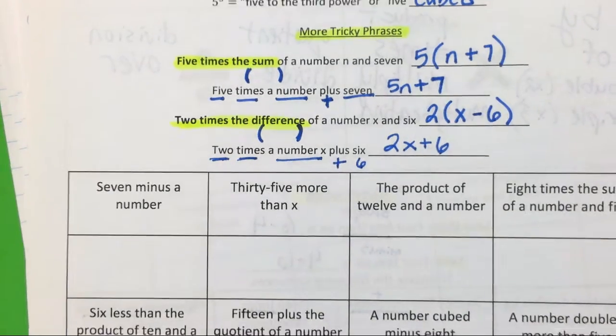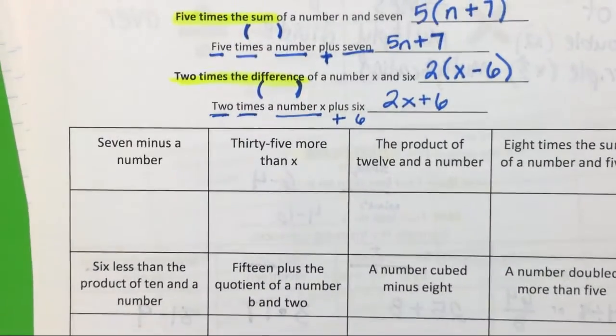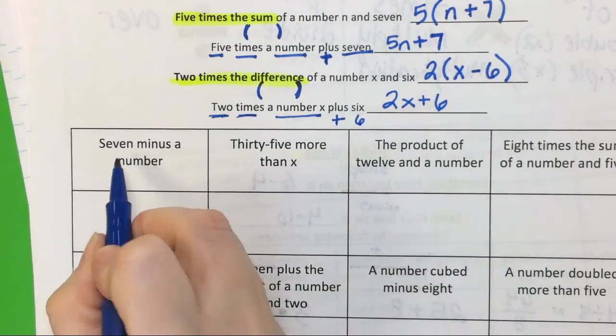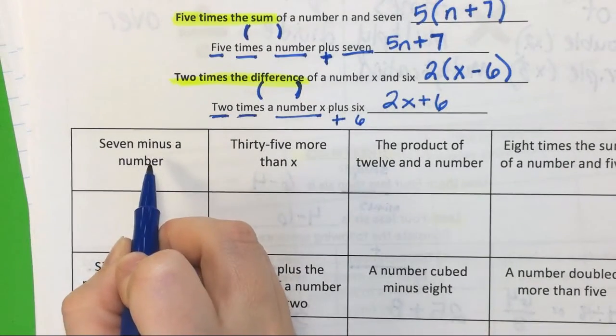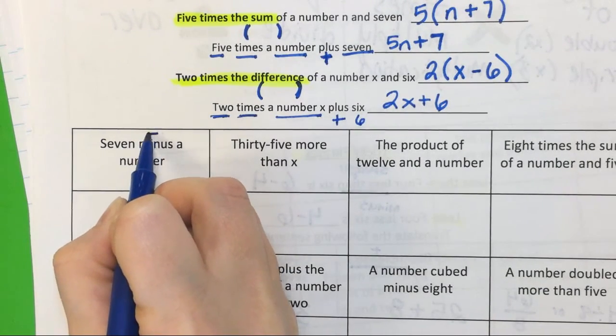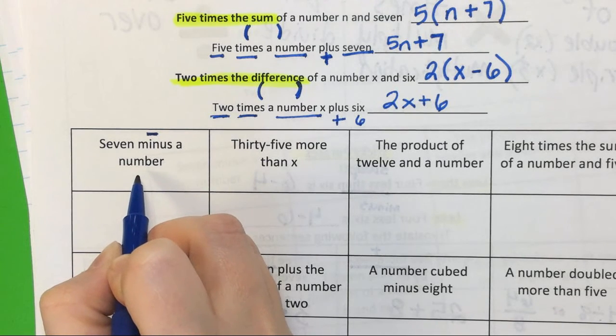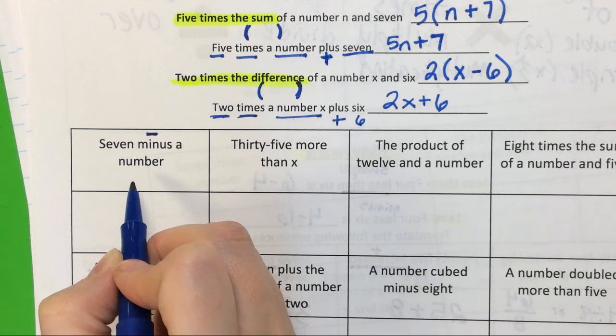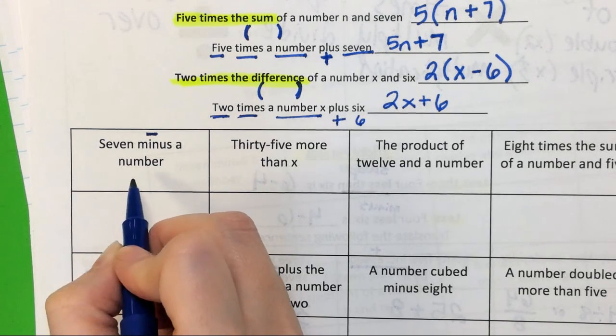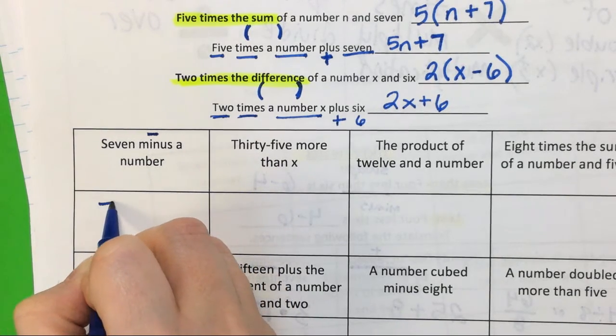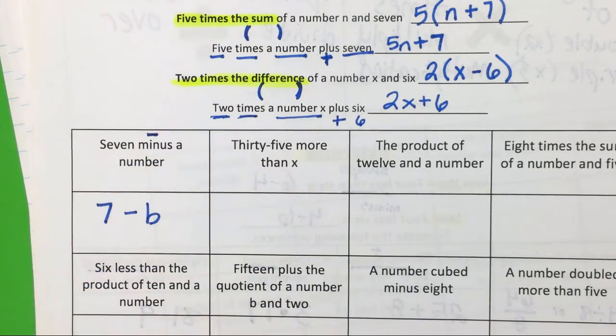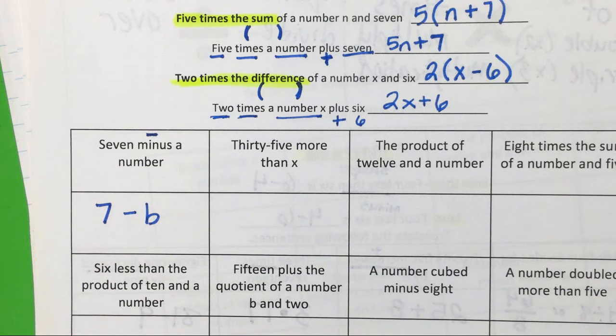Okay, let's look at these on the bottom. First, 7 minus a number. So 7, subtract a number. I don't know what the number is. That means I have to pick a variable to use. I can pick anything. Okay, 7 minus b. It doesn't matter what variable you choose.